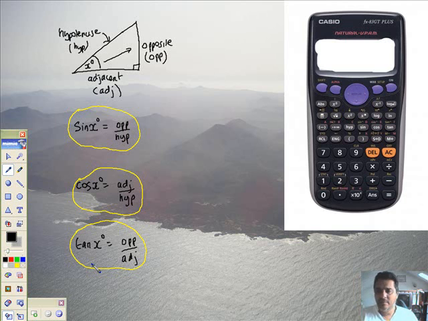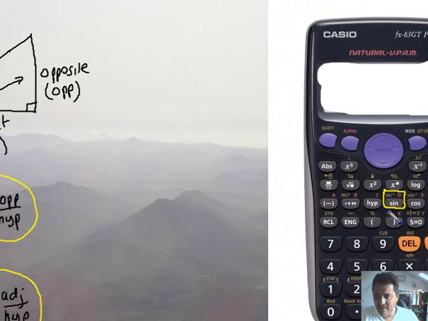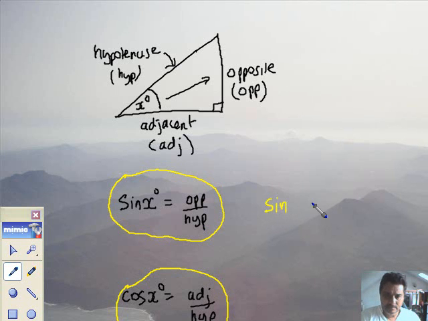Alright, now I want to focus your brain on these calculator functions. So here I've got the sine button, and directly above it I have the sine minus 1 button. Very, very hard to see. That is accessed by pressing shift first.